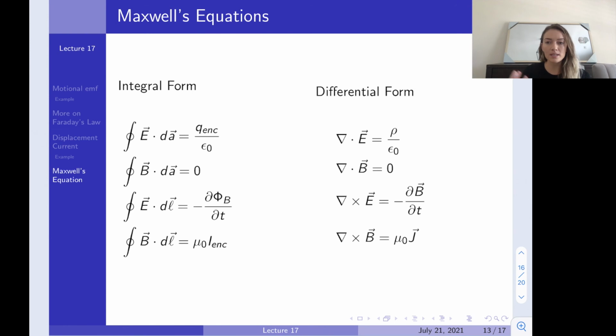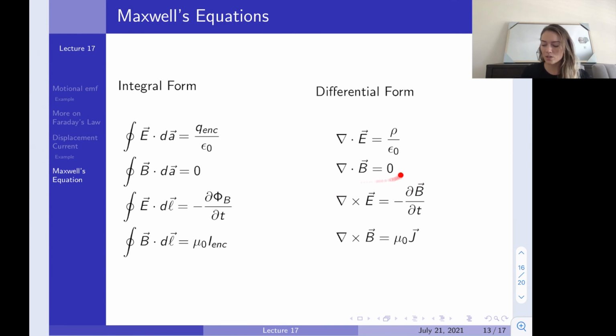The reason why what he did, essentially just adding in the displacement current, was so important is this. If you look at the four equations without the displacement current, an electric field is caused by a charge, and an electric field is also caused by a changing magnetic field.